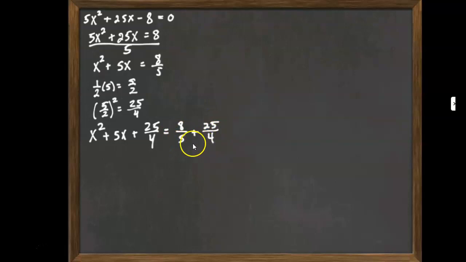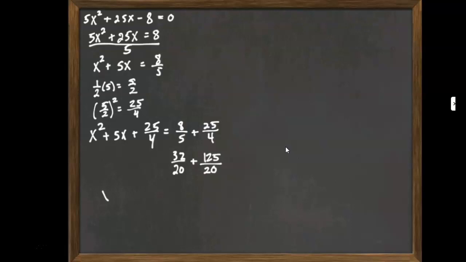For 5 and 4, the common denominator would be 20. That would turn 8/5 into 32/20, because we multiply both top and bottom by 4. And for the other one, we multiply both top and bottom by 5. So we have 32 over 20 plus 125 over 20.